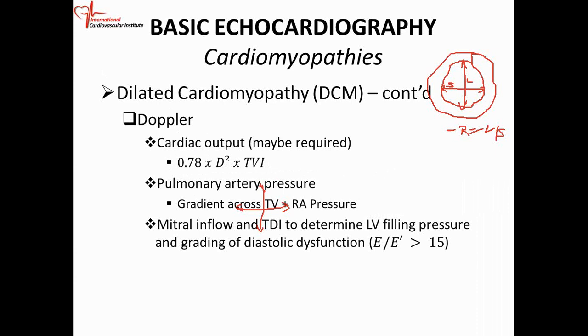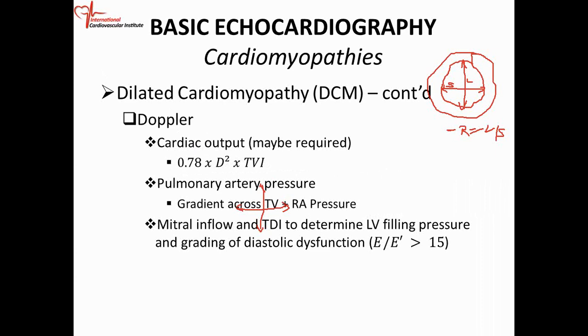It may not be reduced at rest, but especially with exertion, you'll get a reduction in the cardiac output. Pulmonary artery pressures: in patients with dilated cardiomyopathy, the sicker they get, the more elevated the pulmonary artery pressures.